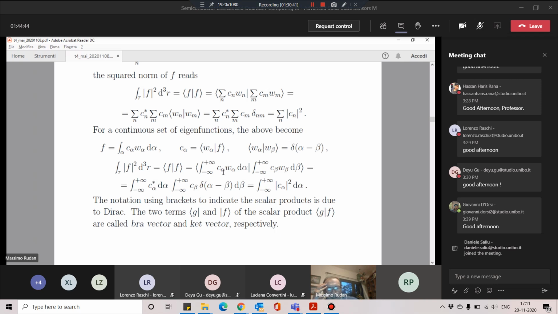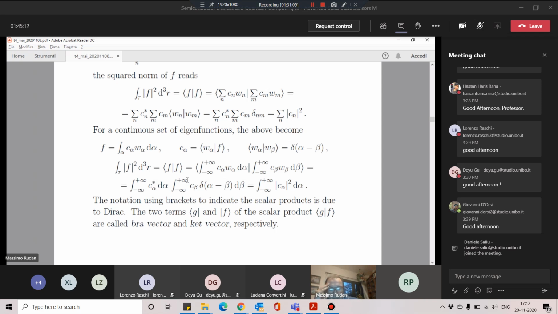Then we extract something that does not depend on beta, so we extract C alpha star, and the inner integral has the delta. Obviously, because of the properties of the Dirac delta, the inner integral must be equal to C alpha.